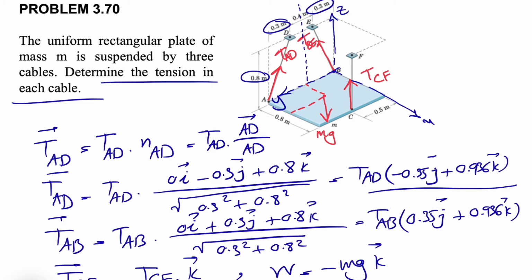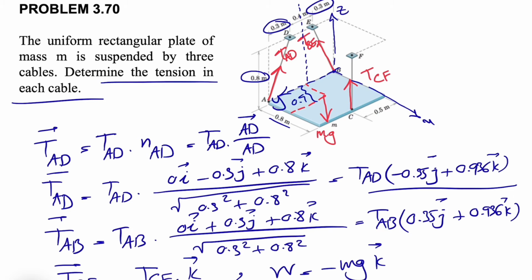But we have the moment of the weight, where the distance to the y-axis would be 0.8 divided by 2, which is 0.4. And we also have the moment of the TCF, and the distance for that one would be 0.8 meter.